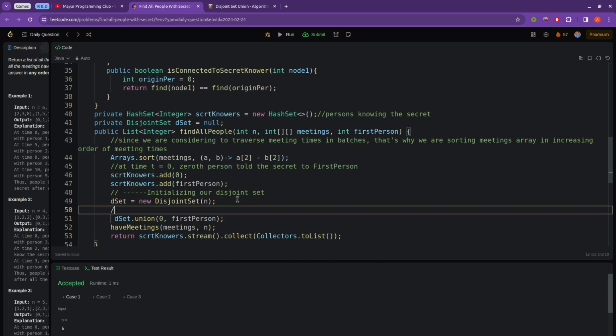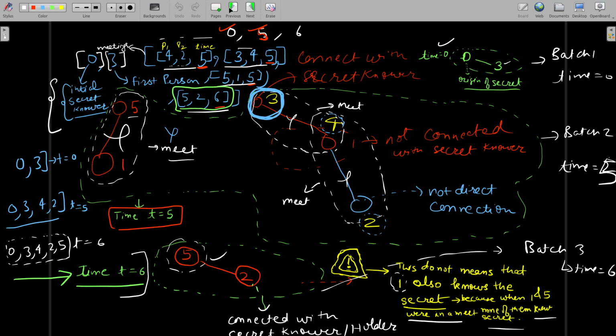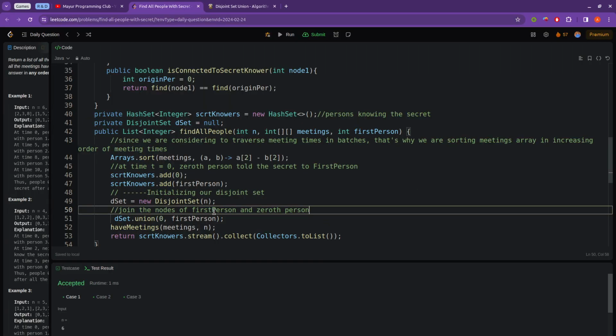So join the nodes of the first person and the 0th person. Okay, this is the step that we are doing at time t is equal to 0. So with disjoint set union, we are making this link between 0 and the first person. Okay, so this is what we are doing in this particular line.